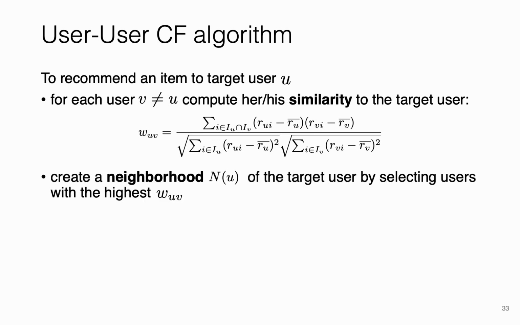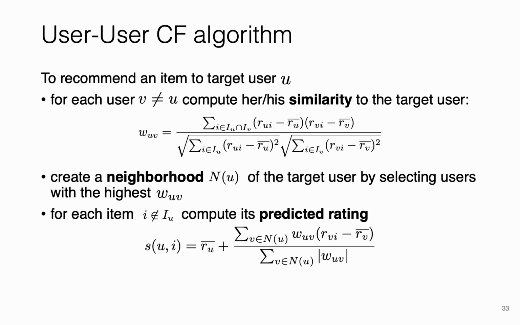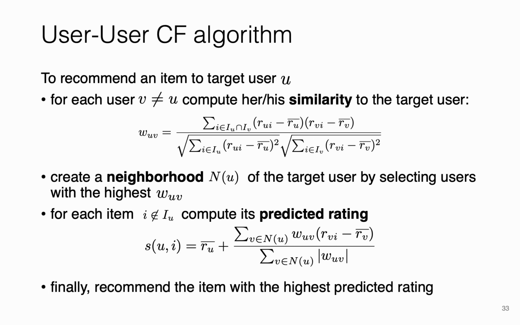Then, we create the neighborhood of the target user by selecting those with the highest PCC, perhaps in absolute value. Next, we predict the rating of each item that the target user has not rated using the formula shown here. Finally, we recommend the item or the items with the highest predicted rating.